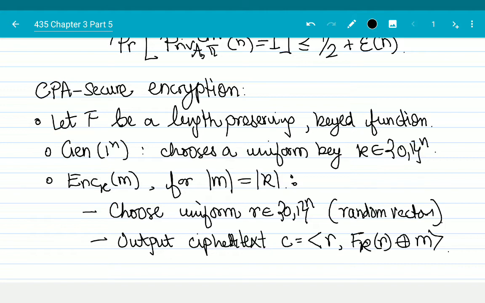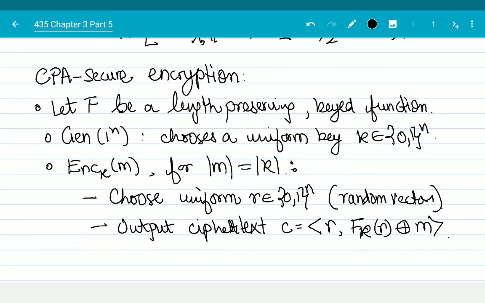Would m equal the length of k? Just let me check. Okay, that seems correct. Since it's length preserving, everything is of length n.